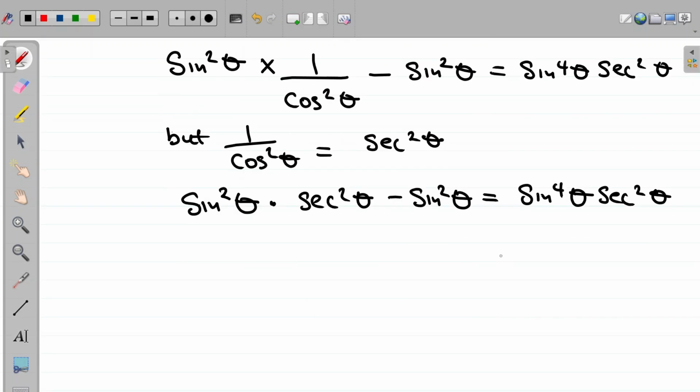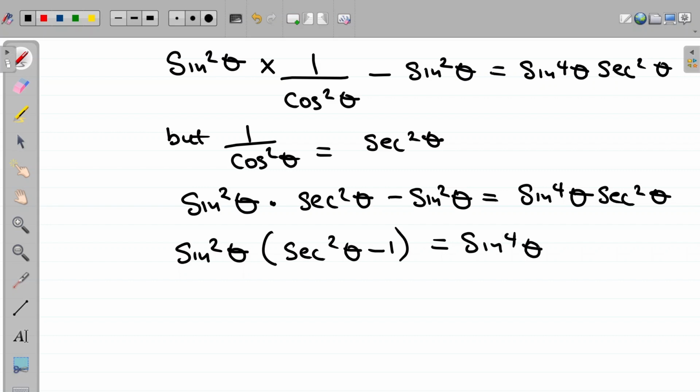From our left hand side, we can factorize, we can have that sine square theta open bracket sec square theta minus 1 is equal to sine to the power of 4 theta sec squared theta.